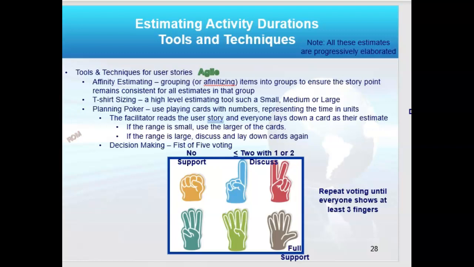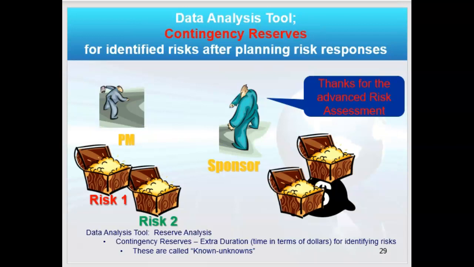These are estimating approaches. Now, going back to predictive project management, these are contingency reserves. A project manager identifies the risk in advance, addresses it with the sponsor, who then returns and says, great, for risk 1, which is a threat, here's some cash to cover it.